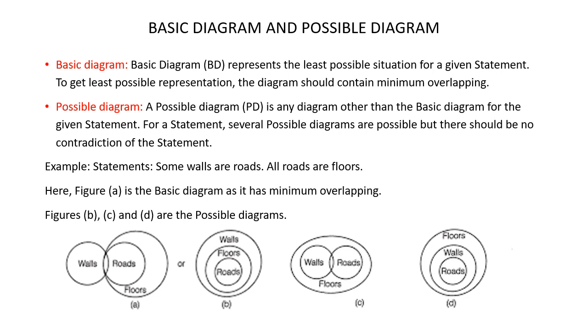The conclusion follows only if it is true in the possible diagram. So, while solving syllogism problems, you should be able to draw not just the basic diagrams but also the possible diagrams.